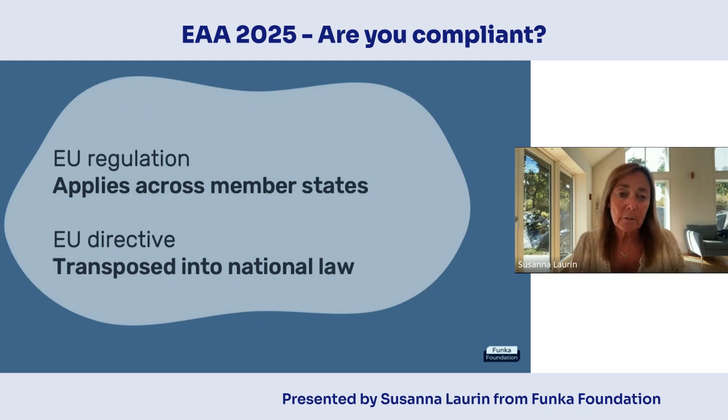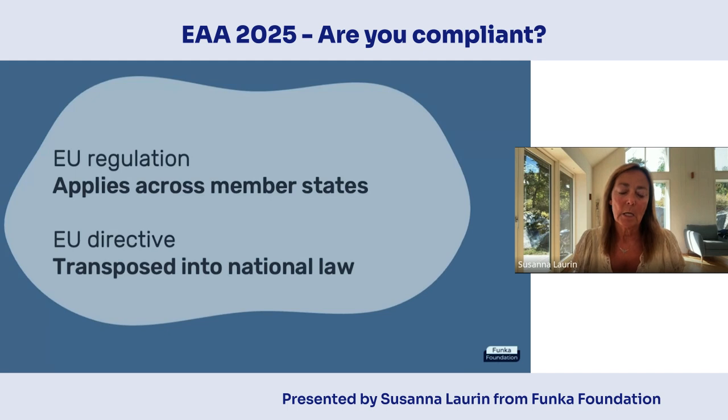Directives are decided at EU level, and then they are transposed into national law. That means each member state is either updating existing legislation to fit with the EU requirements or creating new legislation. And the accessibility directives, the Web Accessibility Directive and the European Accessibility Act, which is called an act but is a directive, are both transposed into national law.